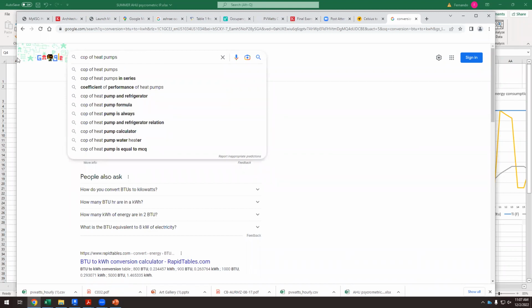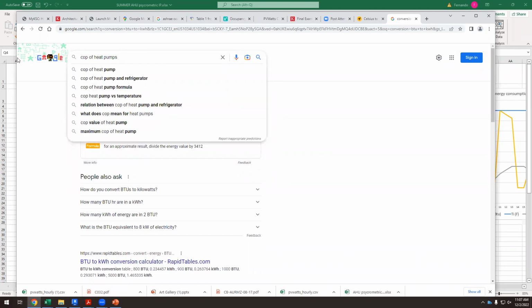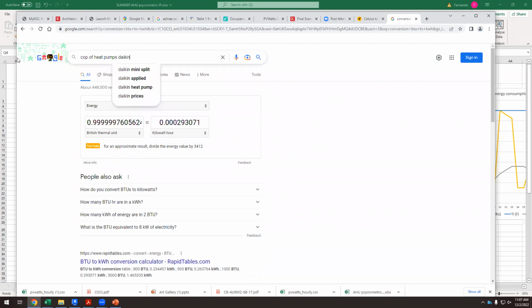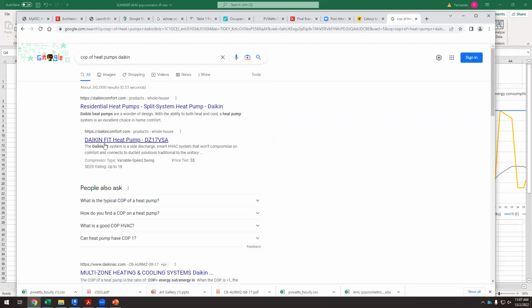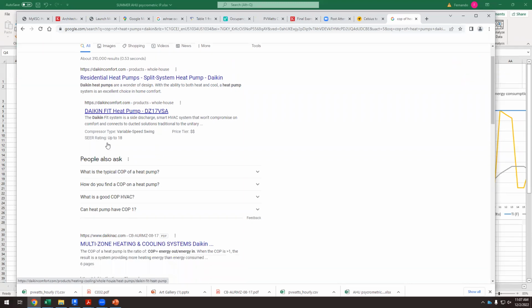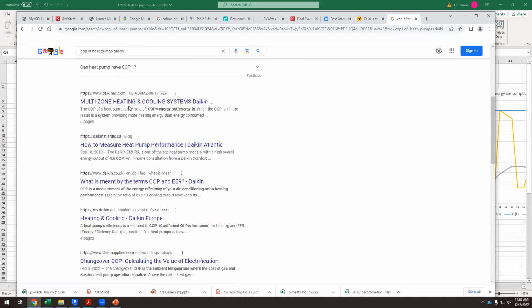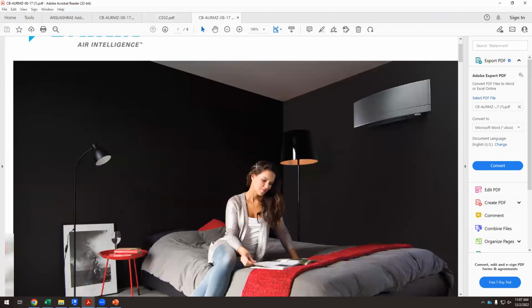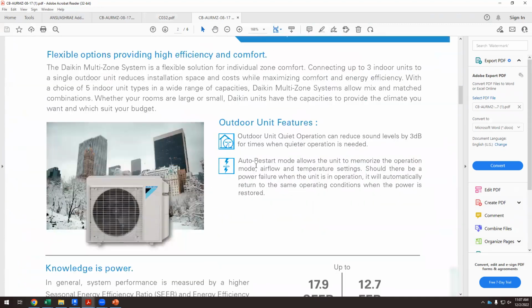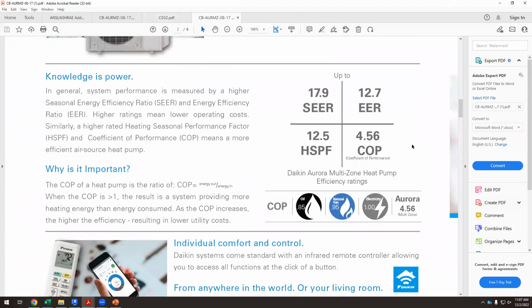So last time I selected Daikin. Reliable people, German, Deutsch. And here, I need a catalog. Okay, so here we have information about the COP.